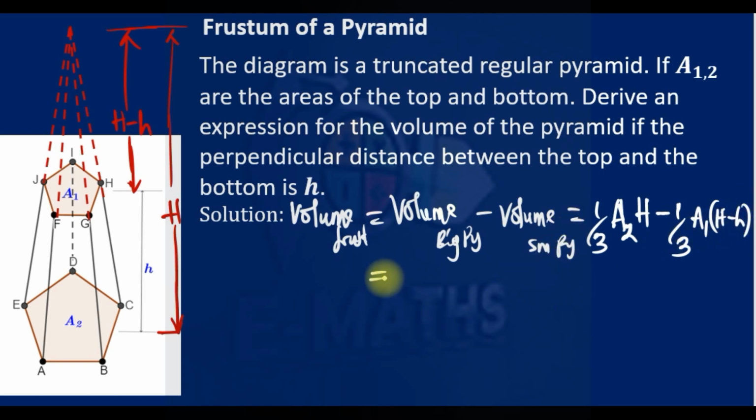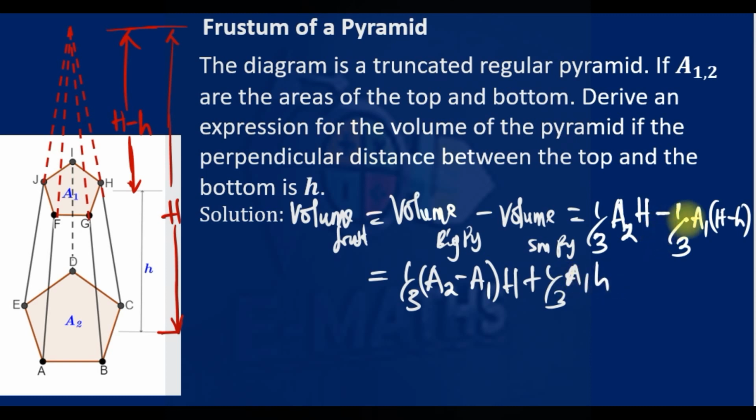Let's open this up so you can see I have H here and I have H here, so I can factor this as 1/3 (A2 minus A1) H plus 1/3 A1 h.